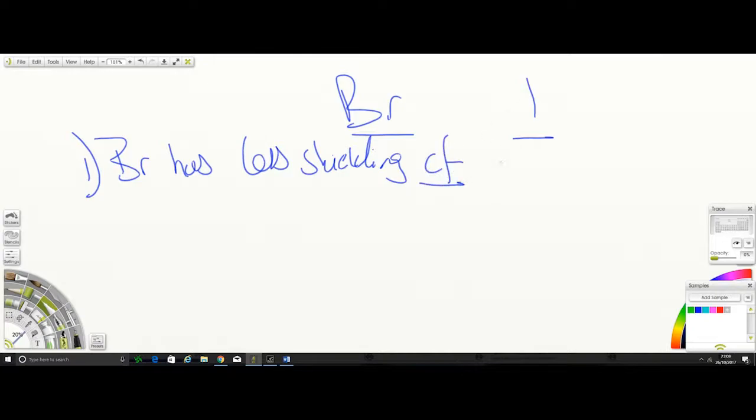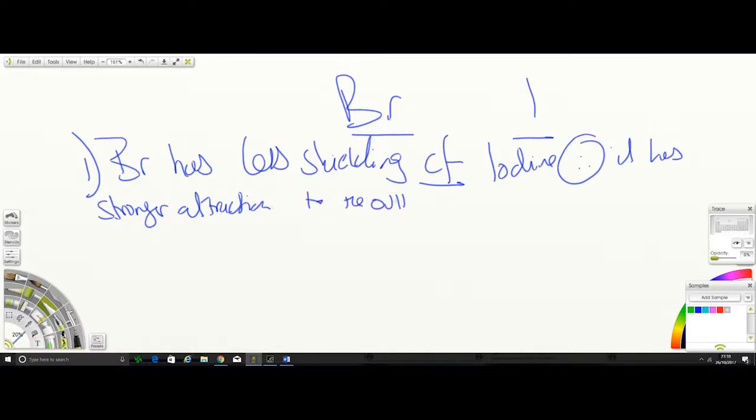Therefore, it has a stronger attraction to the outermost electron shell. So I've not said what it is, don't ever do that. What do I mean by it? The positive nucleus. The positive nucleus has a stronger attraction to the outermost electron shell.